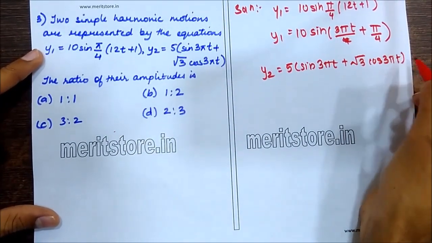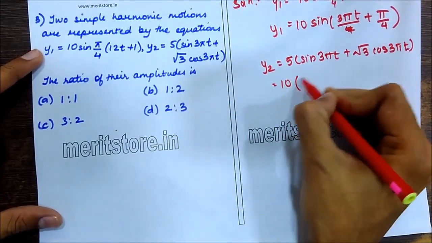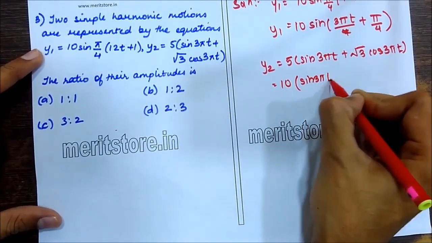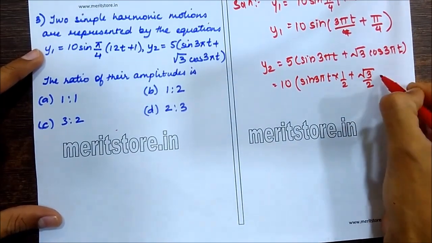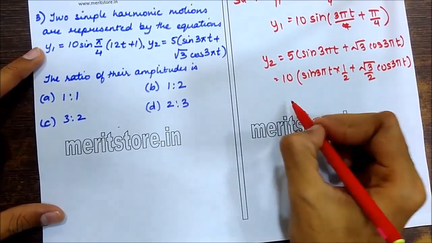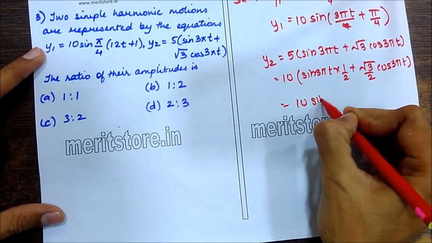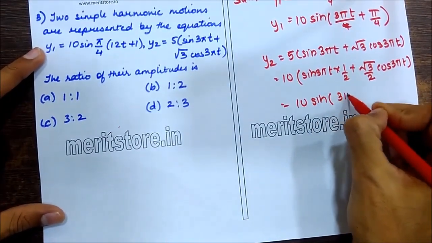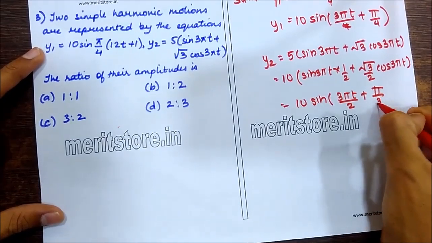y2 is equal to 5 of sine 3 pi t plus root 3 cos 3 pi t. Okay, so we multiply by 2 and divide by 2, so that gives you sine 3 pi t into half plus root 3 by 2 cos 3 pi t. That is sine a plus cos b. That gives you 10 sine of 3 pi t plus pi by 3.